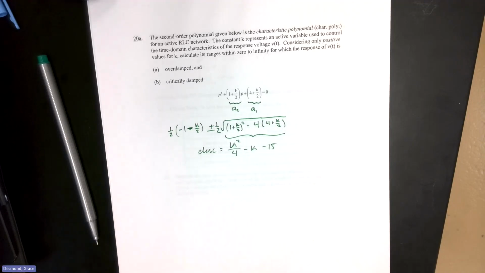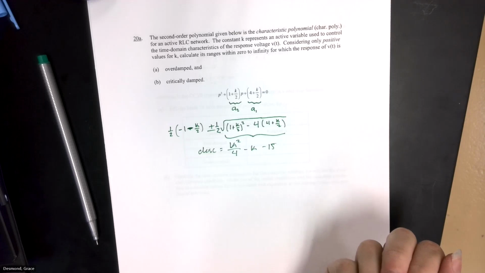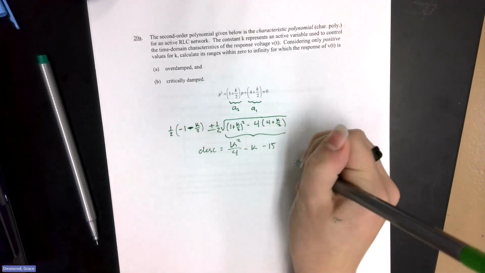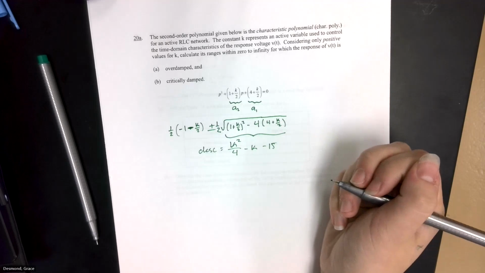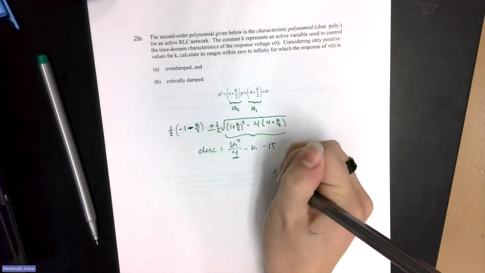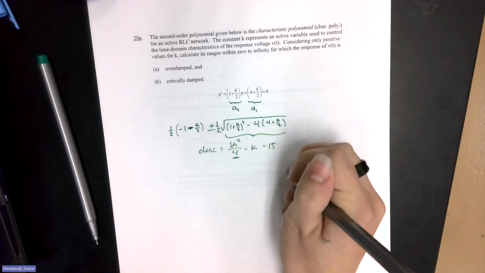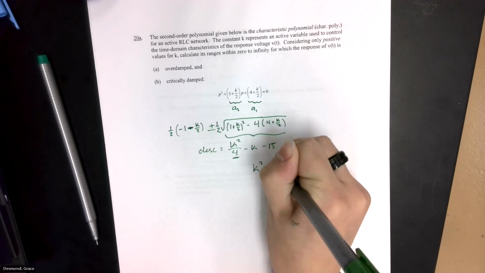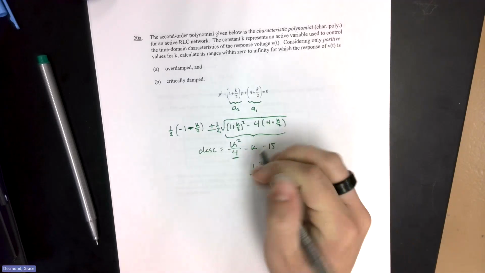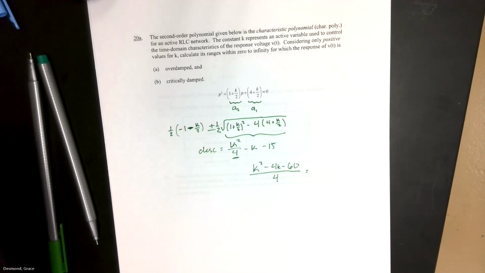So we're gonna factor this out and basically make this a squared minus 4 minus 60, and then divide it all by 4. And then we're gonna factor this out.